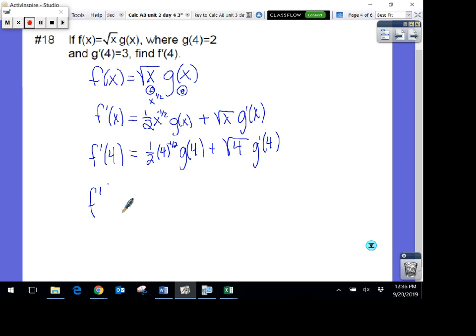So f prime of 4 is 1/2, and 4 to the negative 1/2 is the same as 1 over 4 to the 1/2, which is the same as 1 over the square root of 4. So times a half. It told us what g of 4 was. It was 2. Square root of 4 is 2. It told us what g prime of 4 was, which was 3.